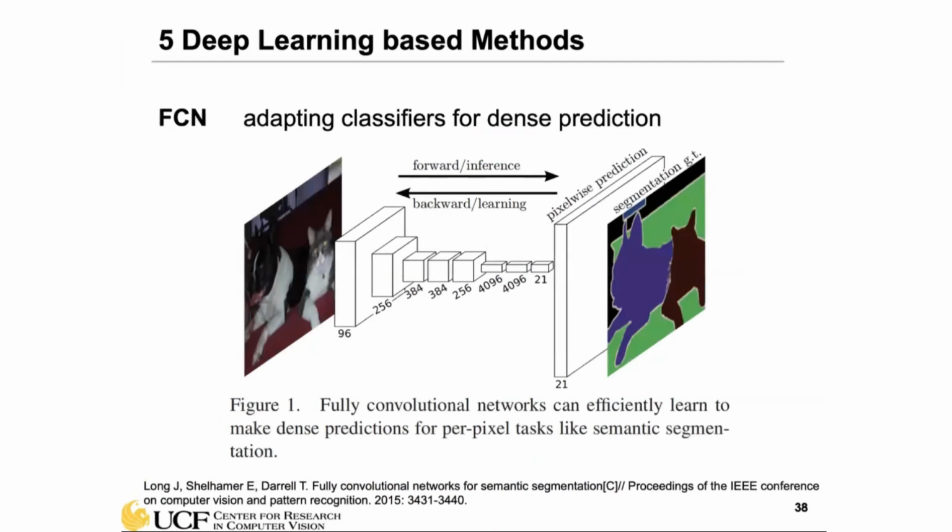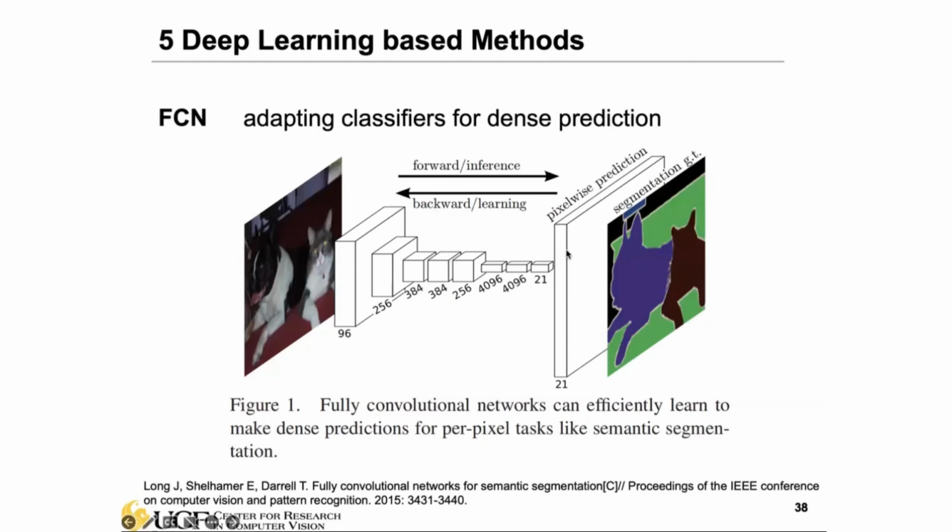Next, let's look into some of the classic, most widely used deep learning techniques for medical image segmentation. This is one method we looked at in the very beginning when we talked about general image segmentation. Basically, it's adapting the classifiers for dense prediction. Here, you're still using the CNN for classification, and you have this final predicted feature map for these 21 semantic classes.